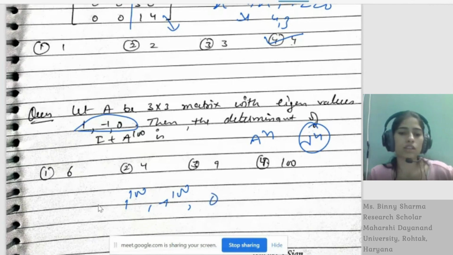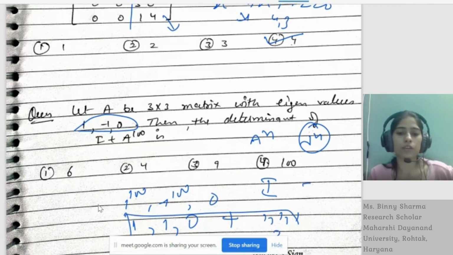So it will become this, and the eigenvalue of I is 1, 1, 1. Add the corresponding eigenvalues. What do you get? 2, 2, 1. And the determinant can be found by taking the product of these, that will be 4.